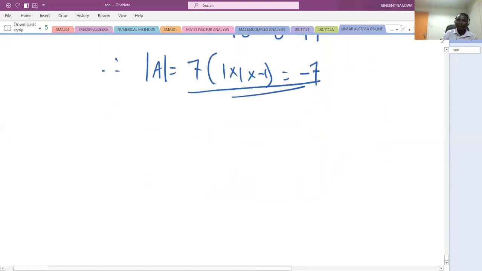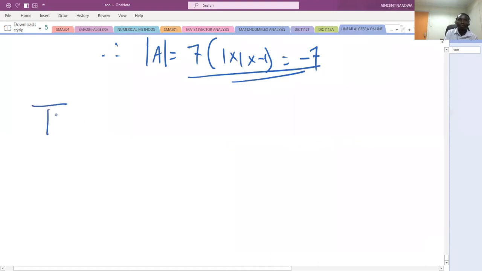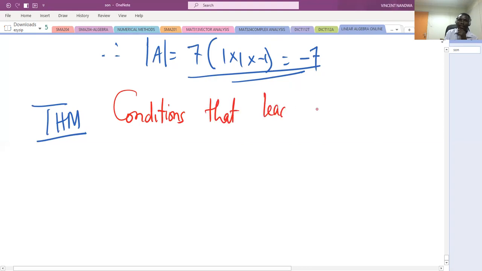And then the theorem. This theorem illustrates cases whereby you can get zero determinant. So just say conditions that lead to zero determinant.